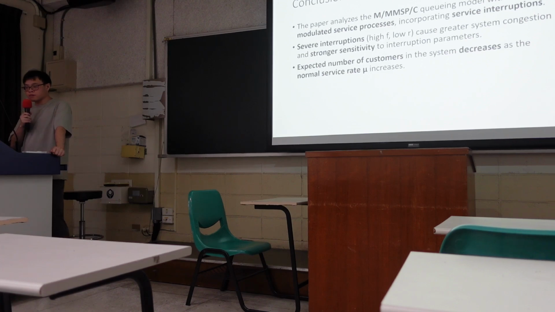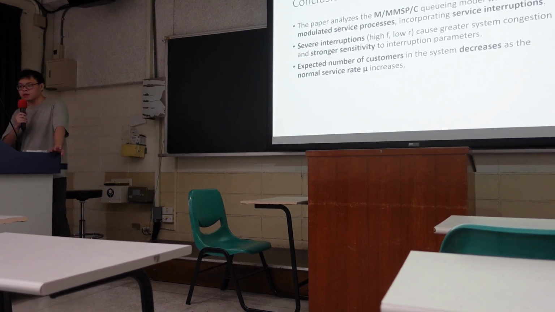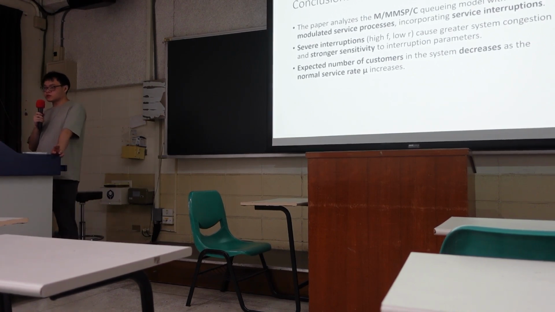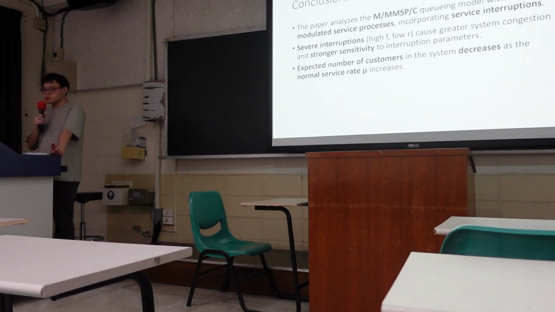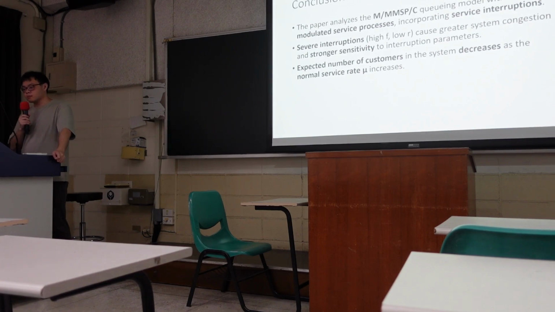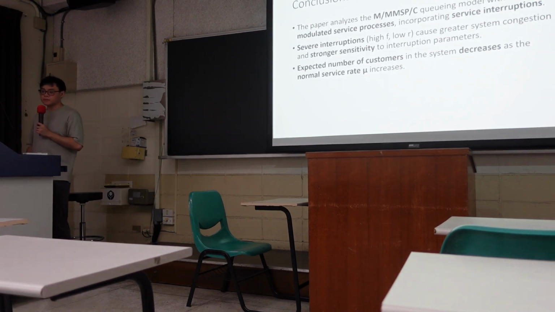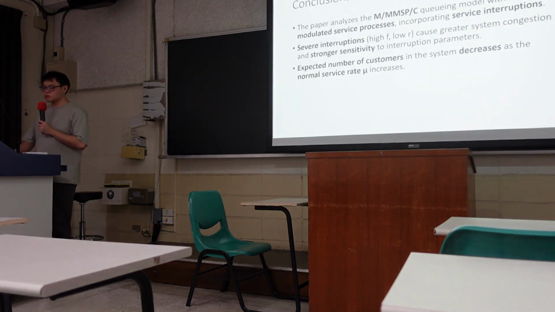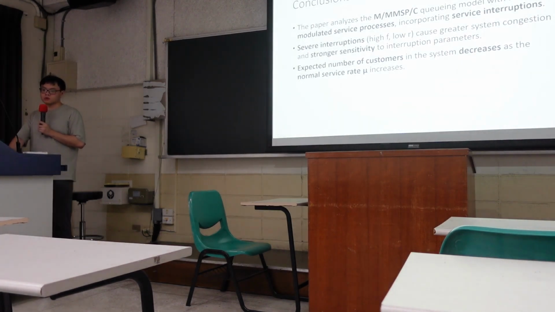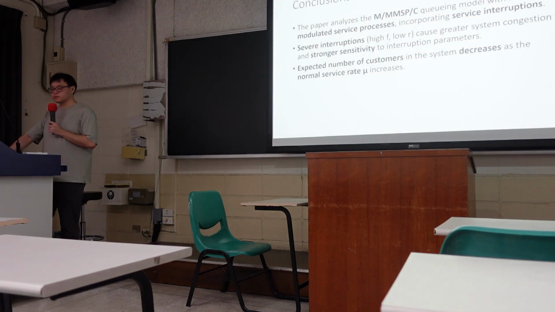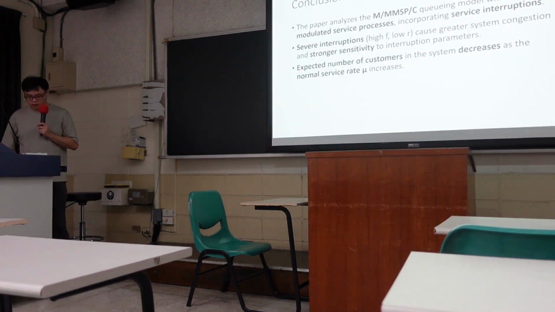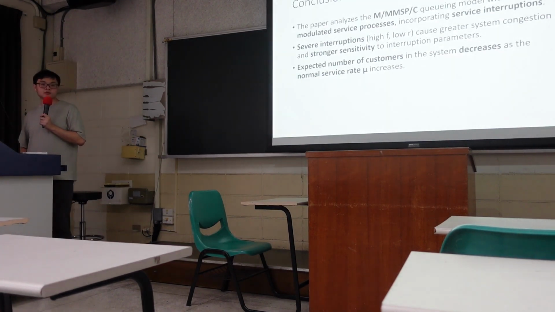And interruptions like high F and low R cause greater system congestion and stronger sensitivity to the interruption parameters. And the expected number of customers in the system decreases as the normal service rate increases. And this is my presentation.